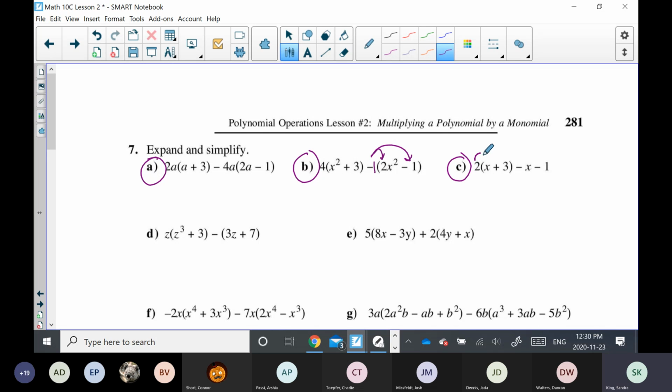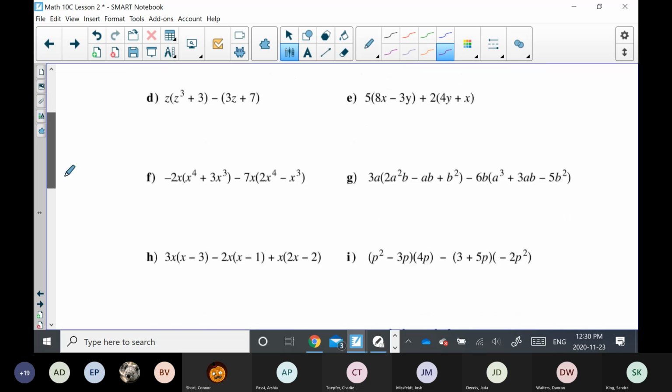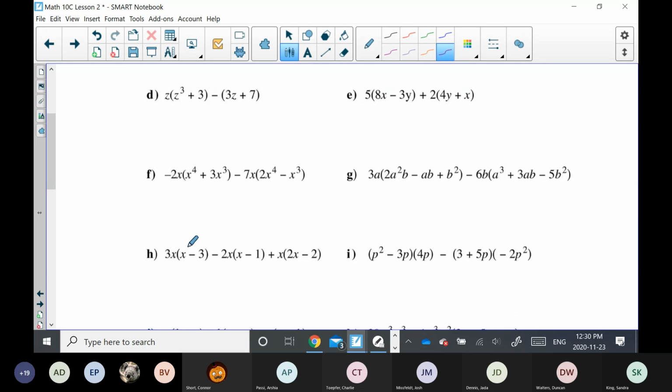Let's do C. Let's do G and H. For H, there's 3 different brackets. So the 3x would go in the first bracket. The -2x would go in your second bracket. And the 1x would go in your third bracket.